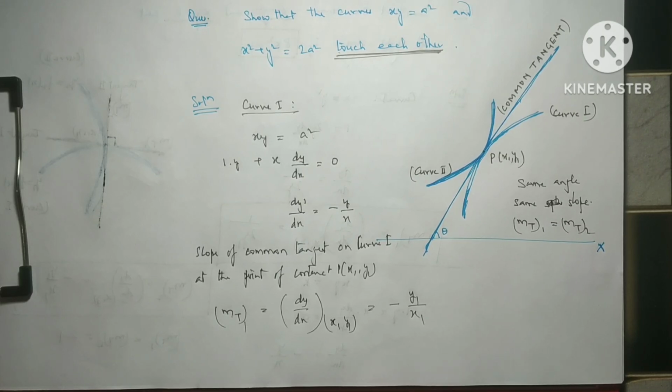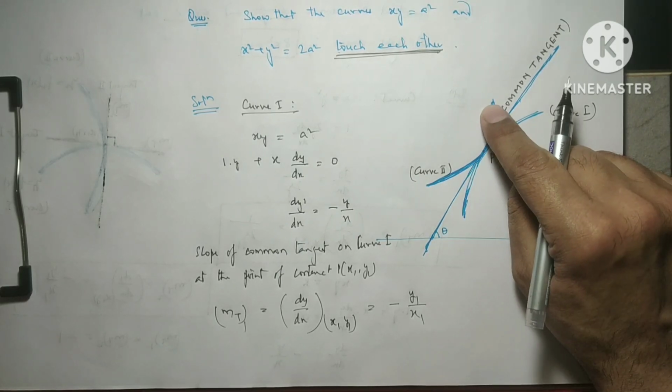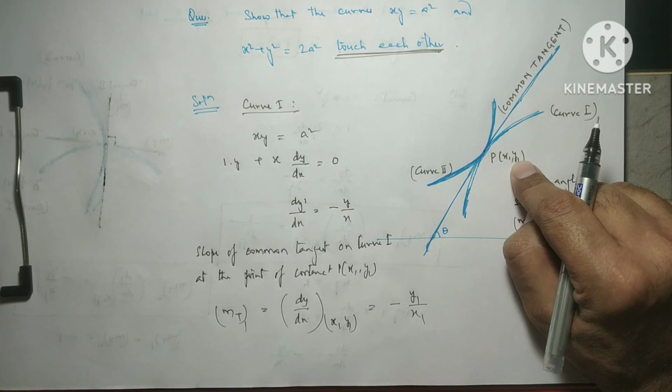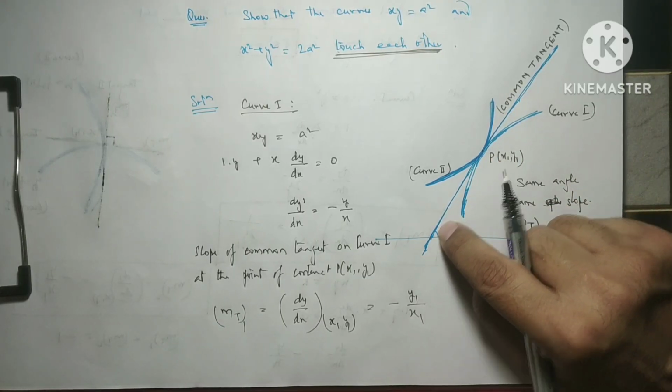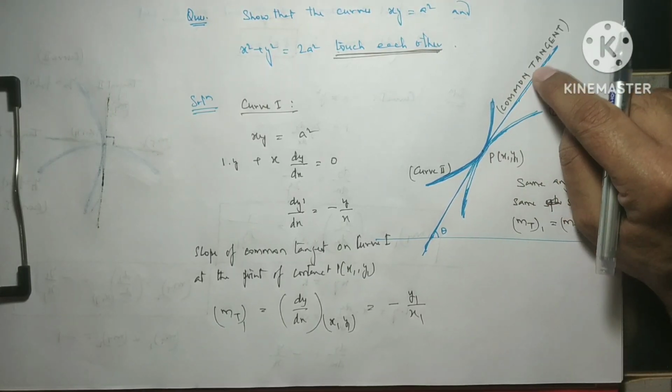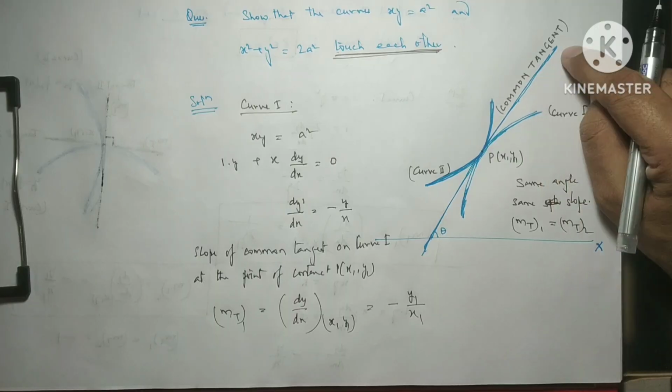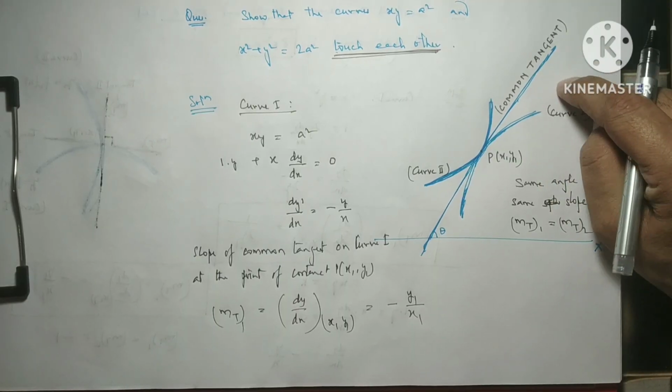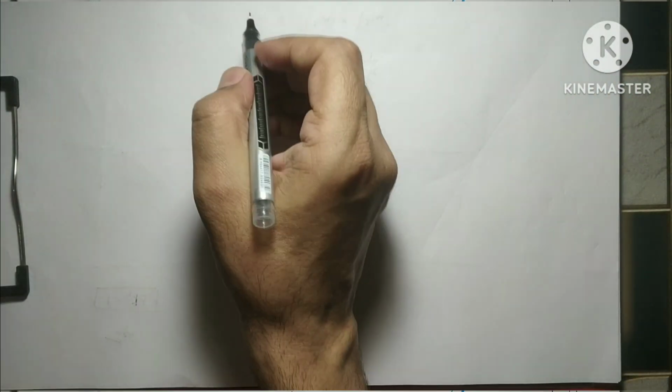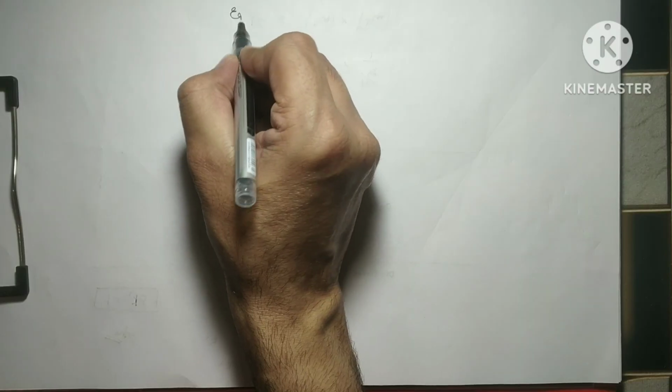Now in the case of the second curve, we have the same common point, and when we draw the tangent we get the same tangent, so it is also a common tangent. Right now we will differentiate the equation of the second curve.